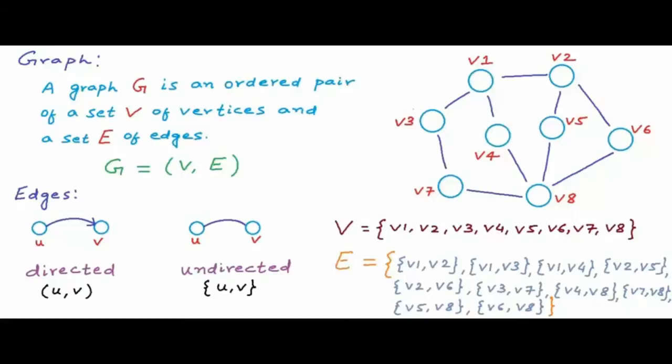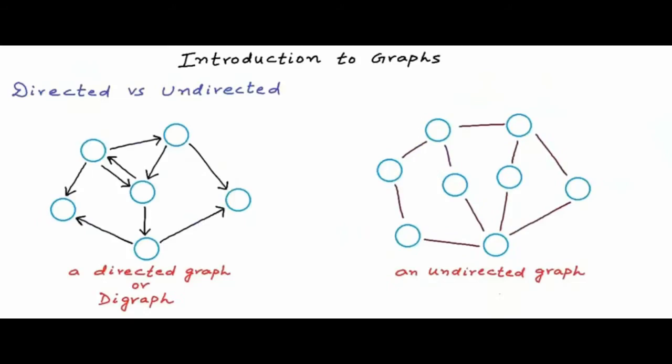Typically in a graph, all edges would either be directed or undirected. It's possible for a graph to have both directed and undirected edges, but we are not going to study such graphs. We are only going to study graphs in which all edges would either be directed or undirected. A graph with all directed edges is called a directed graph or digraph, and a graph with all undirected edges is called an undirected graph.